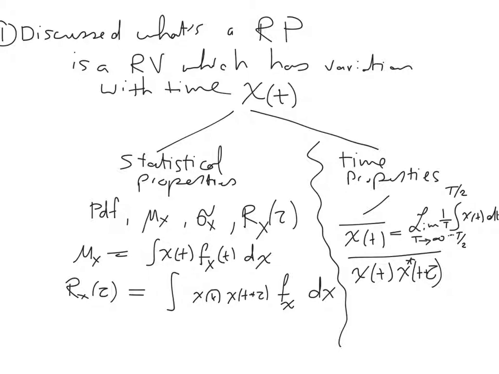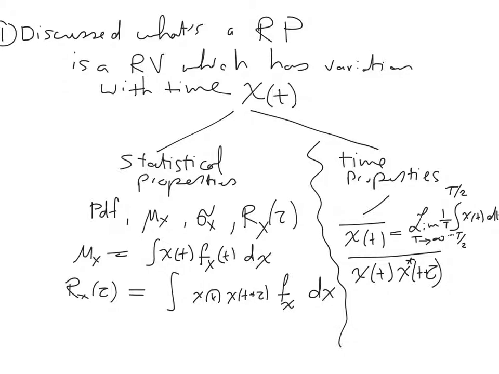You are integrating over the whole range of the function. So if x of t is from 0 to 20, you will integrate from 0 to 20. If it's from minus 90 to plus 25, you will integrate from minus 90 to plus 25, and so on. So you are integrating over the whole range of this function and then dividing by the range. This will give you the time average of the function.